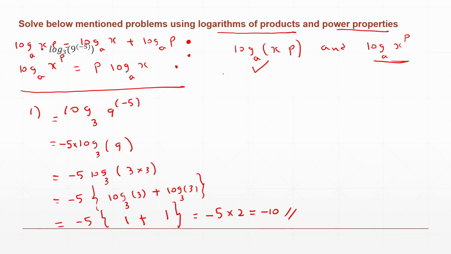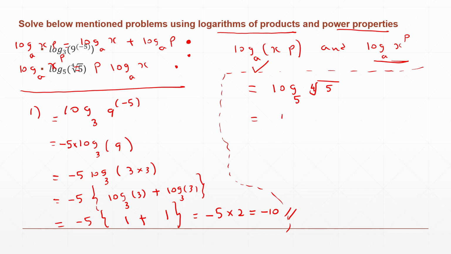Let's move to example number 2. In example number 2, the particular question is given as log base pi of the fourth root of pi. What is this simplified? This you can write like this, right?